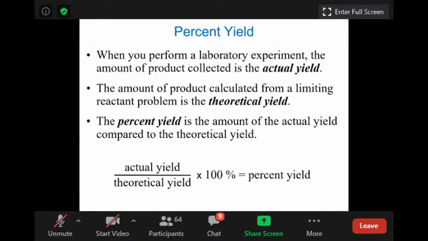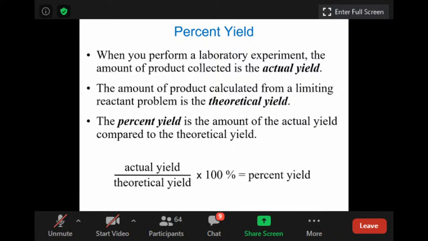Okay, when you perform a laboratory experiment, the amount of product collected is the actual yield. What you collect from the laboratory experiment, we call that the actual yield. What it's supposed to be is the theoretical yield, in theory, what it's supposed to be, but you didn't get it. So the limiting reactant plays a very important role. The amount of product calculated from a limiting reactant problem is the theoretical yield.